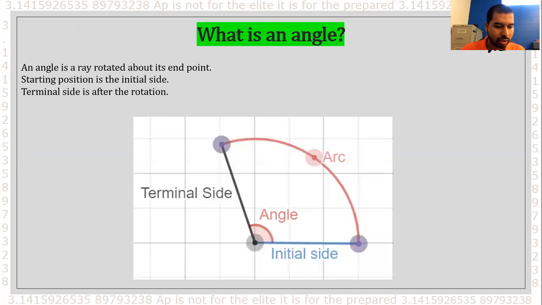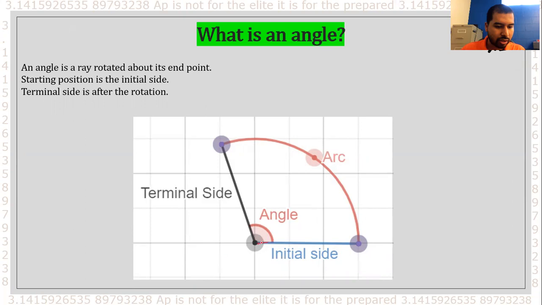Okay, so basic characteristics of angles. What I want you to know right here is that angles themselves, most of the time, are in standard position, meaning they're similar to the X and Y that we tend to use when we're graphing.